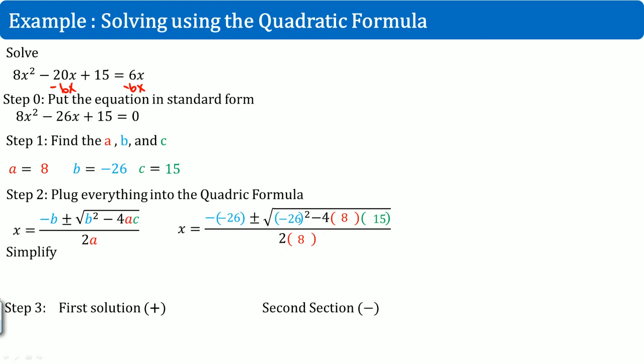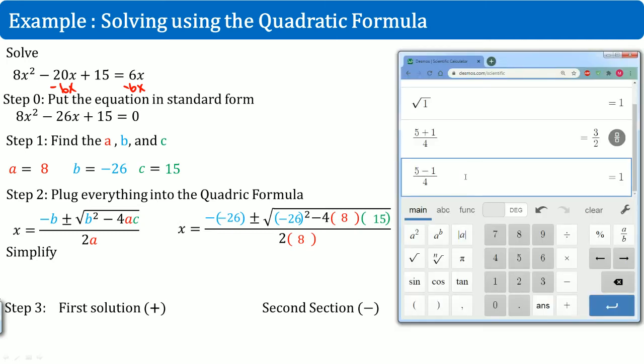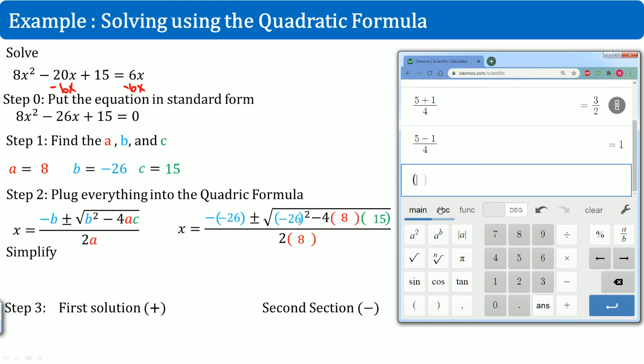Okay, let's see what it simplifies to. We're going to use decimals to multiply the large numbers here. Right? So it was parentheses negative 26 squared minus 4 parentheses 8 parentheses 15.